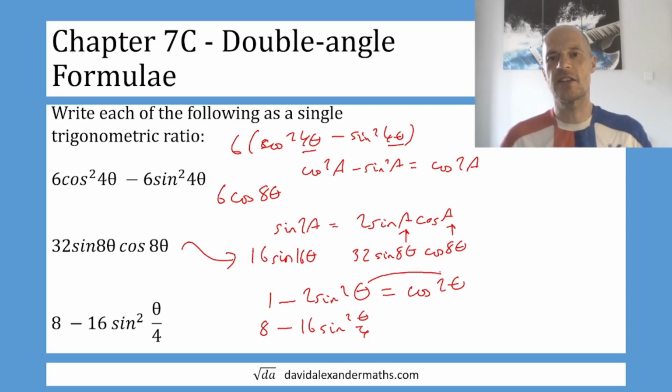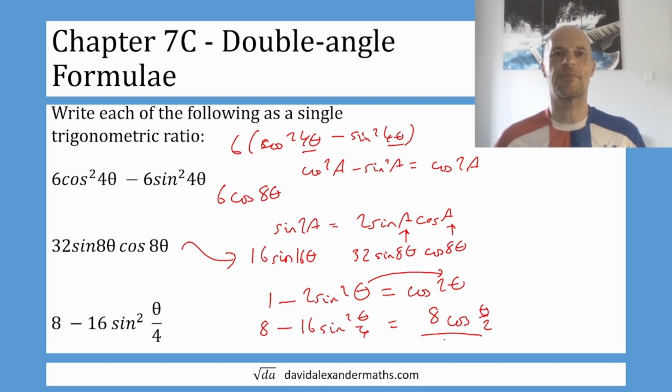So the theta turns into a 2 theta. Here the theta over 4 needs to be doubled, so that is going to be theta over 2. And 1 minus 2 sine squared turns into cos 2 theta. But here we've got 8 times more, so that will simply turn into 8 cos half theta. So yeah, pretty nasty, some of these.